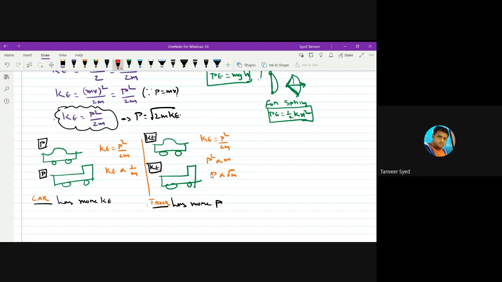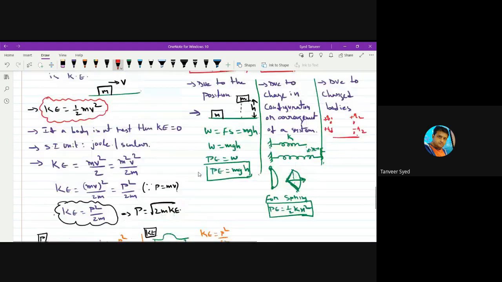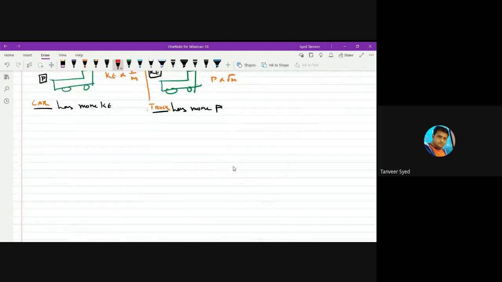Right. Let us get back. See, work energy theorem. Very important concept in physics.